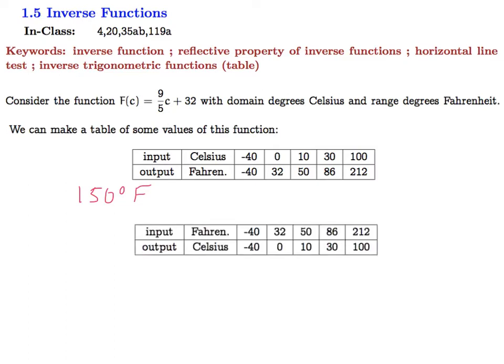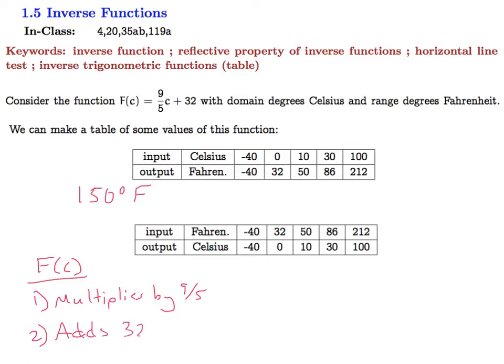If we reverse this process correctly, we'll get a function whose input is degrees Fahrenheit and which outputs Celsius. The Fahrenheit function's first step is that it takes C and multiplies by 9/5, and the second thing it does is add 32.